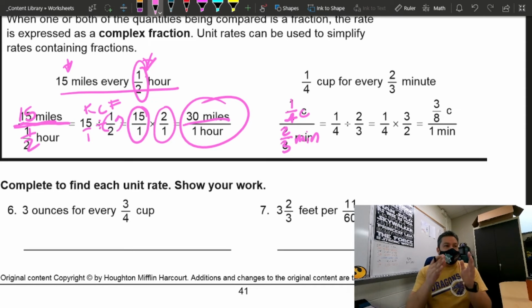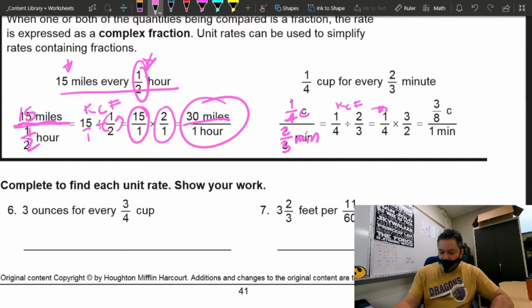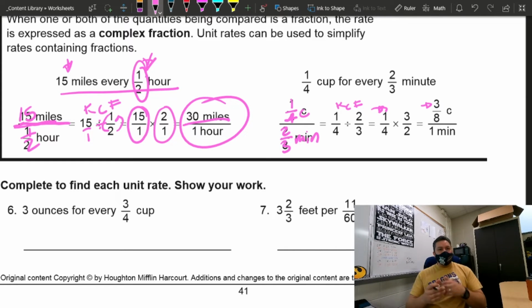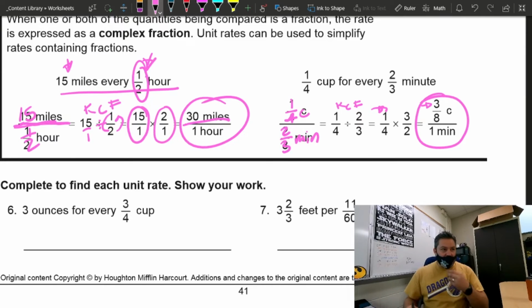We're going to write them as a division of fractions, and we're going to do keep, change, flip. And that happened right here. So when we multiply straight across, we get 1 times 3 is 3, and 4 times 2 is 8. So the unit rate for this one will be 3/8 of a cup every 1 minute.